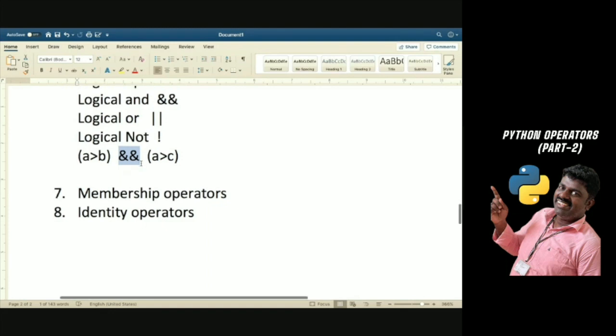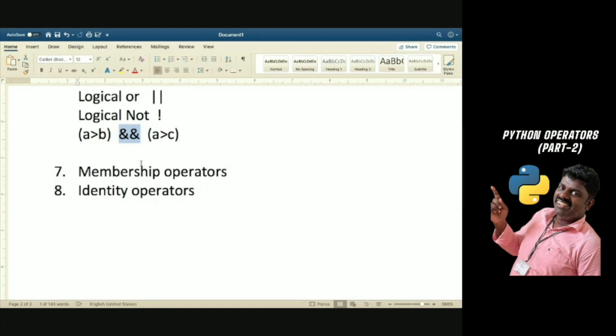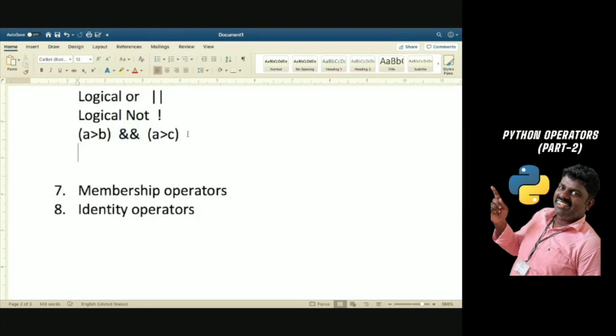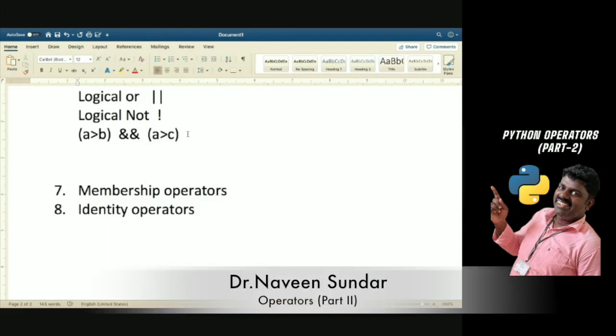And similarly for not, that is logical not. Logical not means here we are not going to have two simple conditions, but between the two variables whether the condition is satisfied or not.